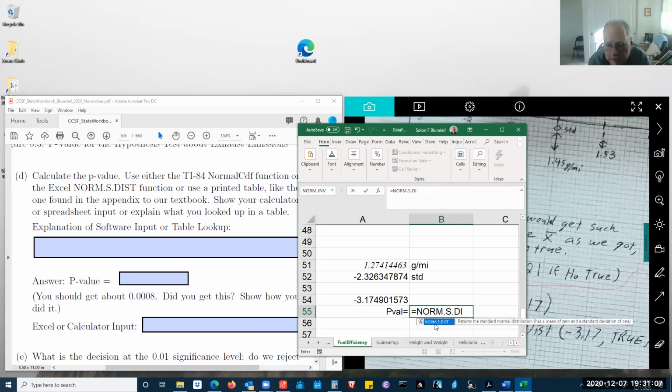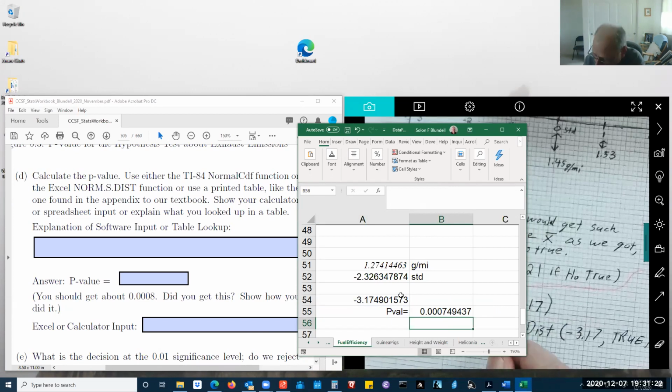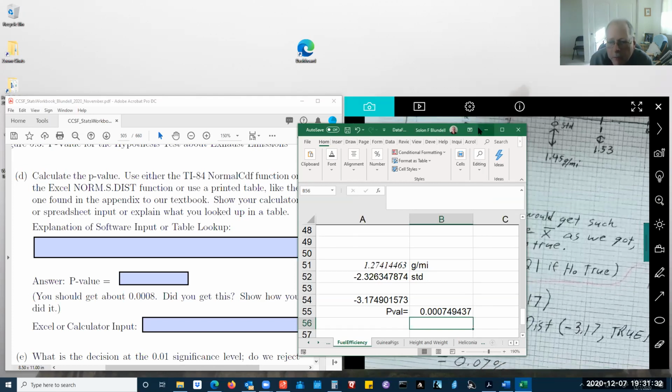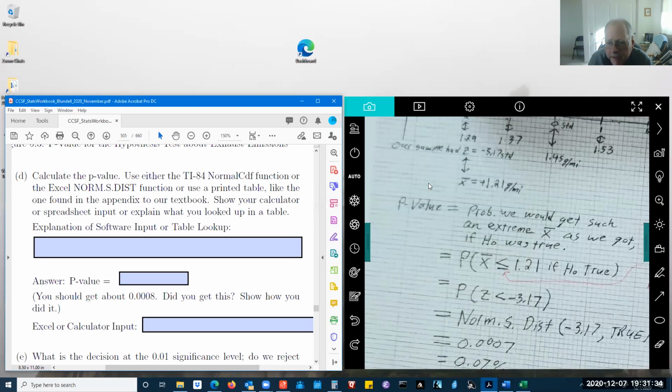Do norm.s.dist. I'll just click on that cell so I don't round off. I get the cumulative area to the left. And I get 0.07%.